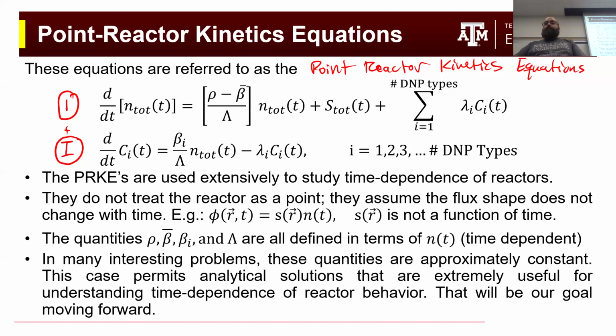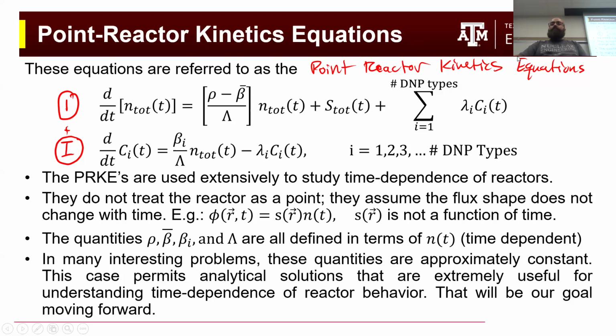So if you're trying to understand time dependence, point reactor kinetics are very useful. The code that I'm using for my thesis is RELAP, and all of the neutronics is just based on the point kinetics equations. And you can add lots of complexity into these equations, like you can account for feedback and other things. But in general, these are what those equations look like.